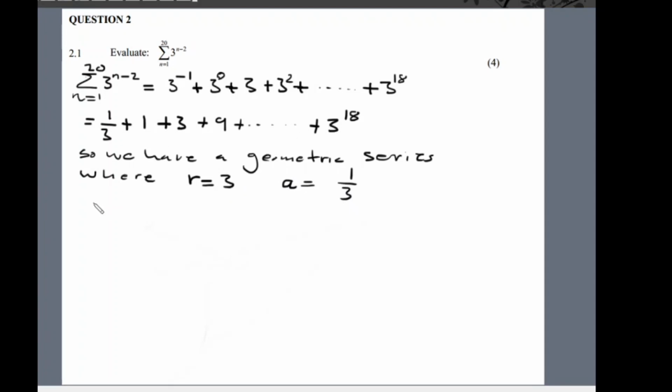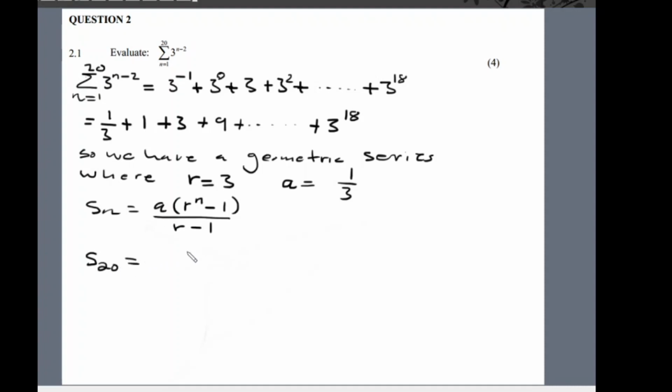The formula for a geometric series when r is greater than 1, it's on the formula sheet, is Sn equals a times r to the power n minus 1, divided by r minus 1. We know here that n equals 20 because we have 20 terms in our series. So let's calculate S20.